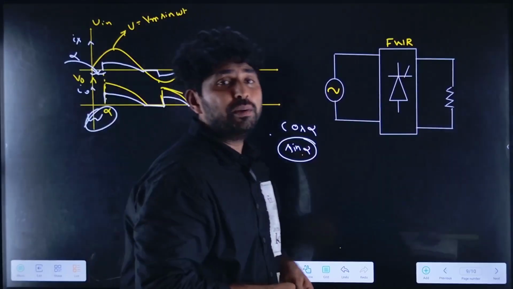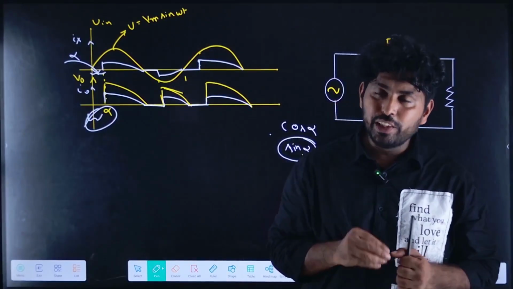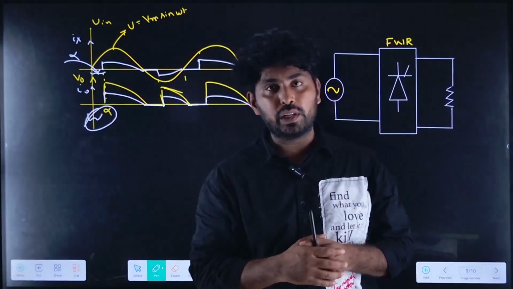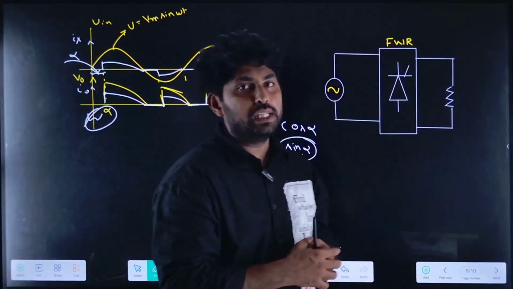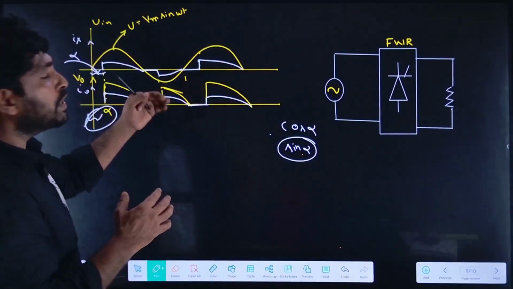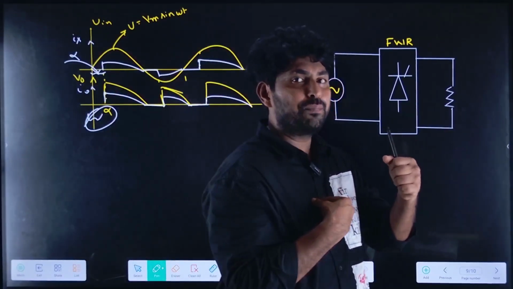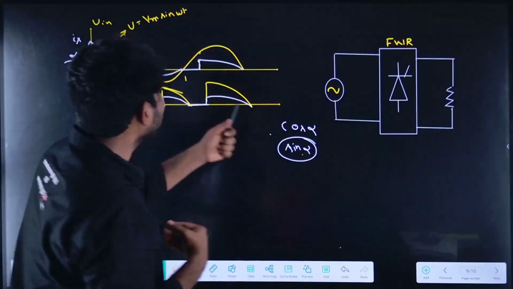So what does it mean? Even though I connect a resistive load, because of the power electronic switching circuit, there is a phase difference between the voltage and current, which causes a reactive power requirement.